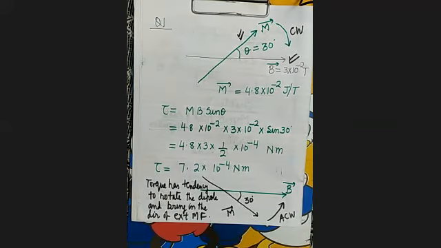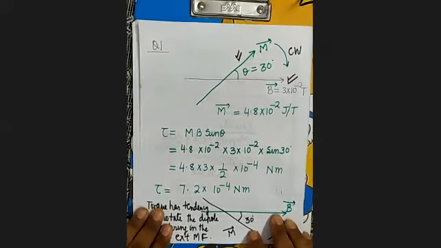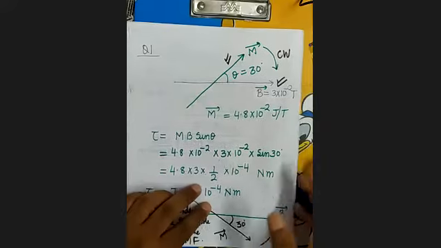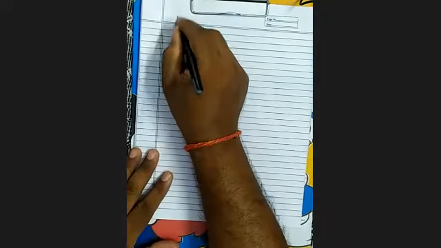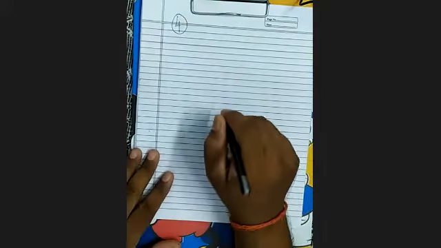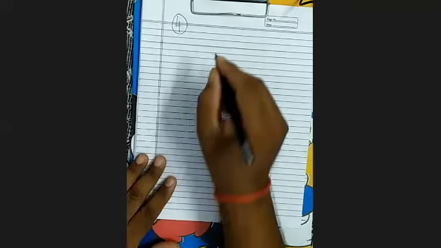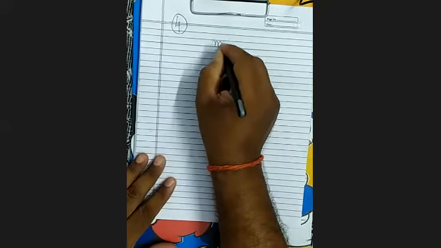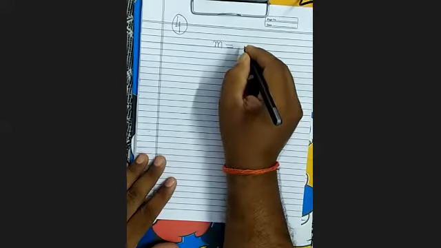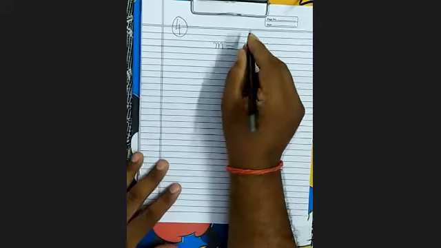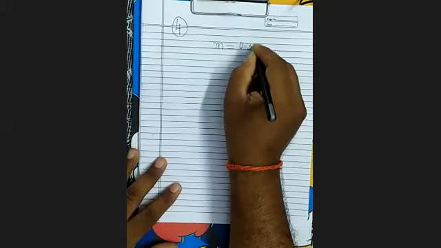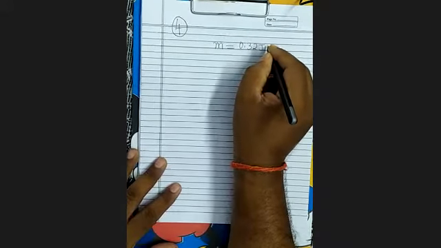Now you can see question number 6. Or you see question number 4. First see question number 4. A short bar magnet of magnetic moment, here represented by small m, is given as 0.32 joule per Tesla.